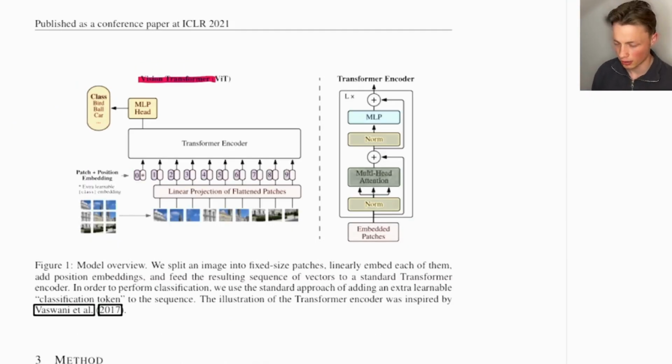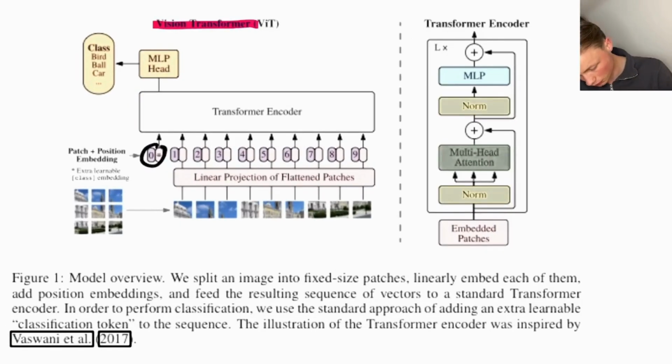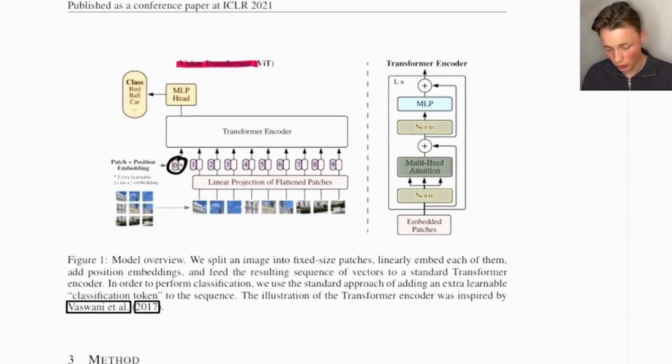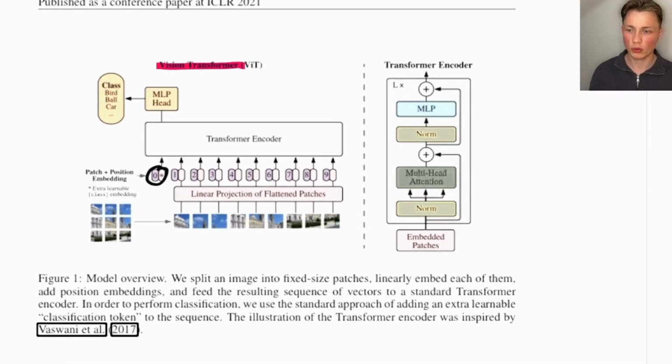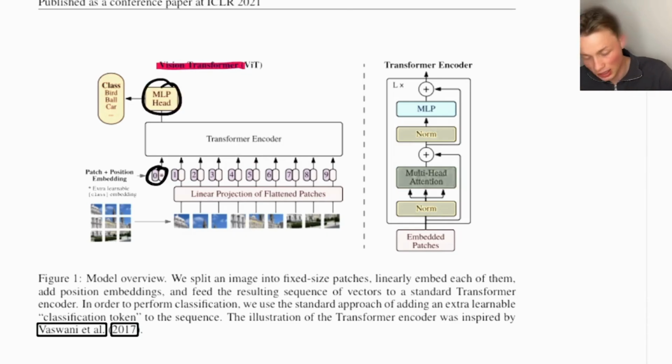I just cleared this figure a little bit, and now we look at this token, and this token corresponds to the class embedding. So we add one token, and this token tries to extract all the features from the other tokens that are important in order to make, at the end, the classification of whether on the picture is a car, a ball, or a bird, or any other class.